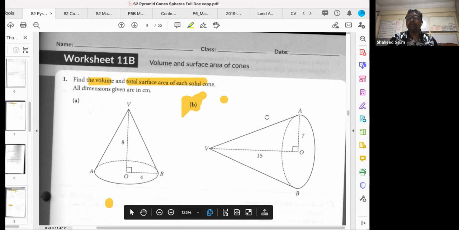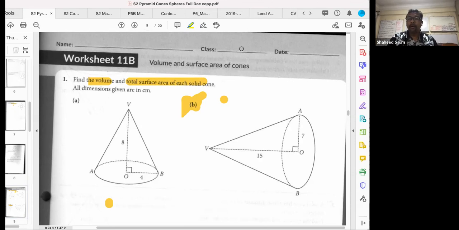Once again, you don't have slanted height. You got to find the slanted height. Formula again, for area of curved side: pi times R times L. This L is here. This one is L. So you need to find what L is.